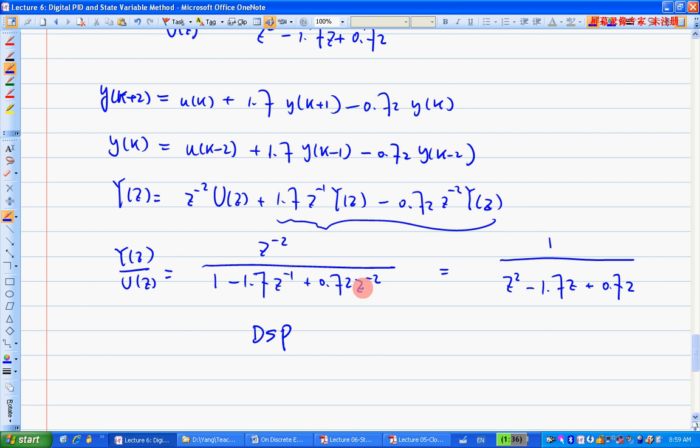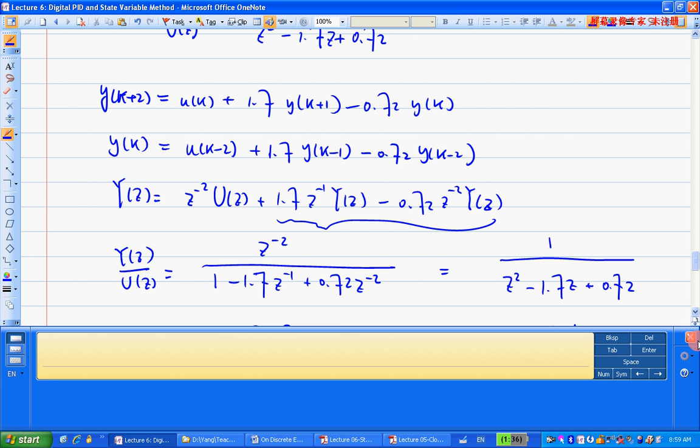That's more of a DSP standard. But this one, you usually see in control applications, as a controls engineer you generally write the Z transfer function like this. However, in our case, we sometimes just use both.